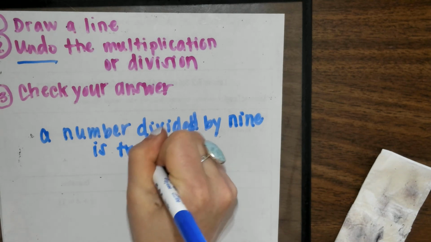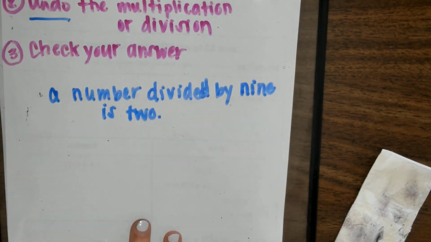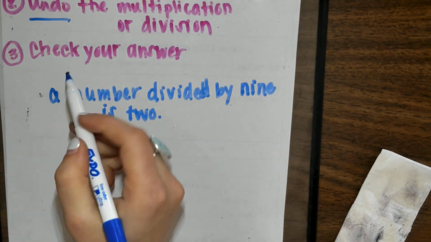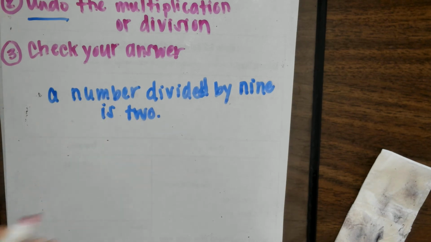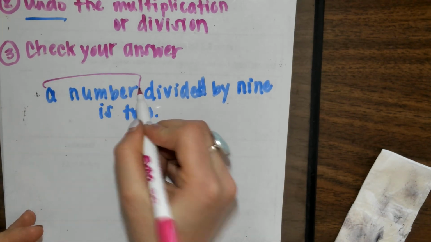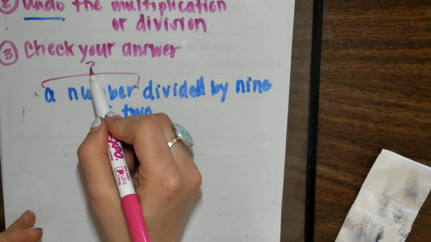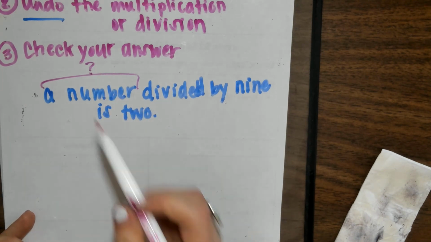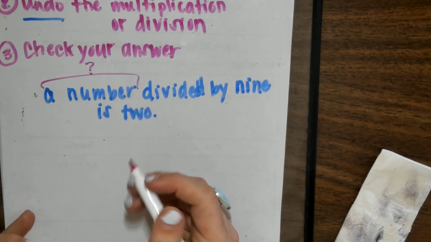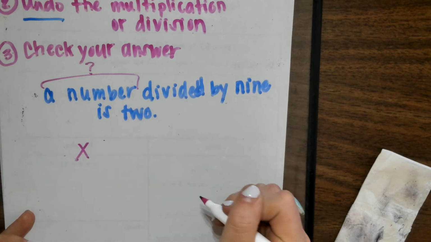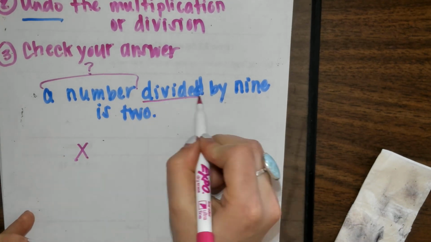When we look at these word problems, I encourage you to write the equation out first. So what does a number mean? Let's talk about this. What does a number mean? Well, a number just means something I don't know, so I need to figure that out. When we don't know it, that's where we can use our variable. So let's use x.